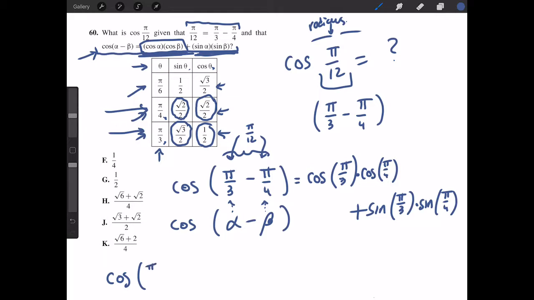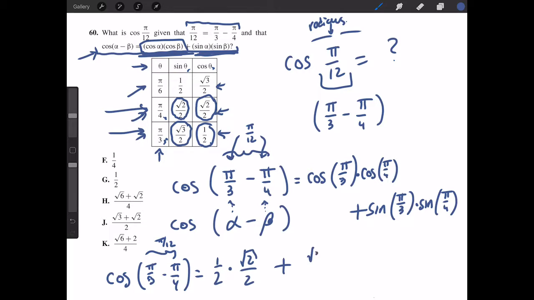So we replace that. We say, okay, cosine of pi/3 minus pi/4, which we know is equivalent to cosine of pi/12, is equal to cosine of pi/3, that's 1/2. So let me put that here, 1/2 times cosine of pi/4, which is square root of 2 divided by 2.